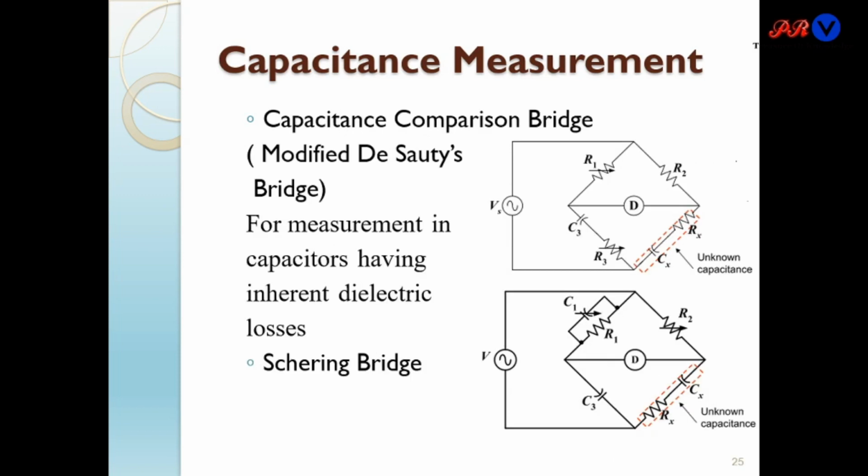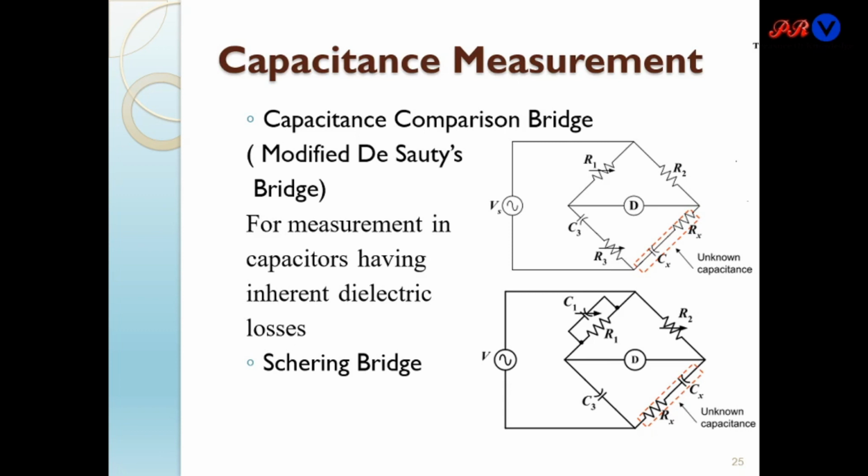The second bridge we have to study is the capacitance comparison bridge, also known as the modified de Sauty bridge. It is used for measurement of capacitors having inherent dielectric losses, while the simple de Sauty bridge is only used for capacitors which have low losses.